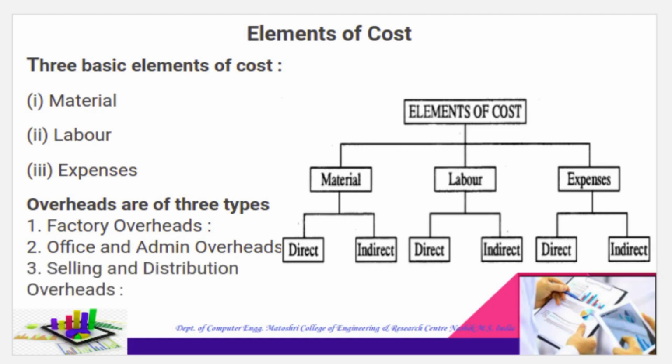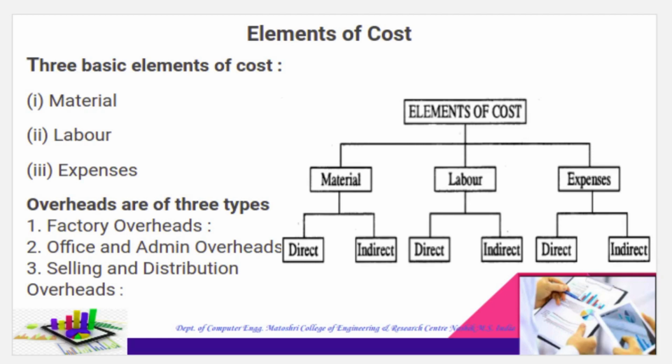Then there is selling and distribution overhead, such as price lists, catalogs, and sales commission. These are certain expenses belonging to the selling and distribution overhead. It also includes advertisement and rent. So these are the elements of cost.